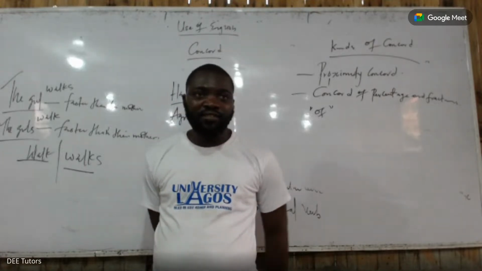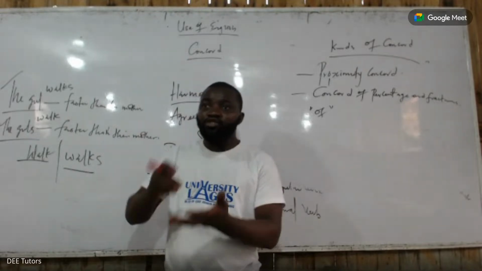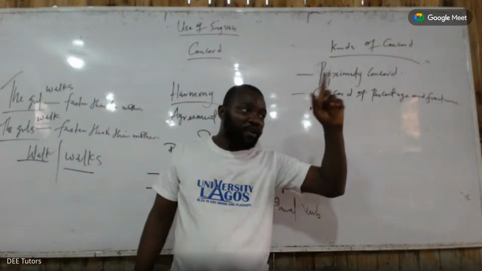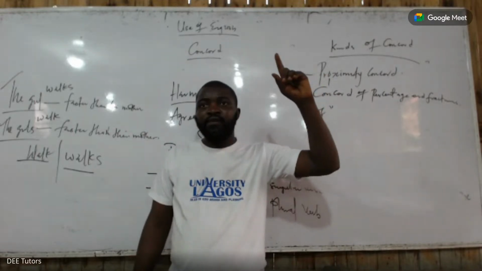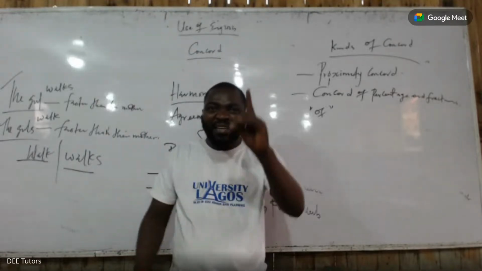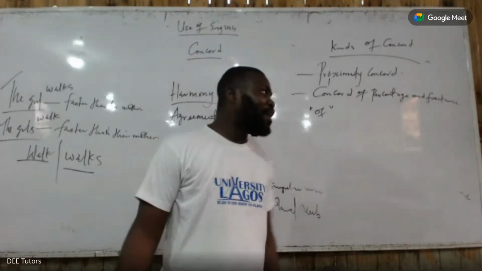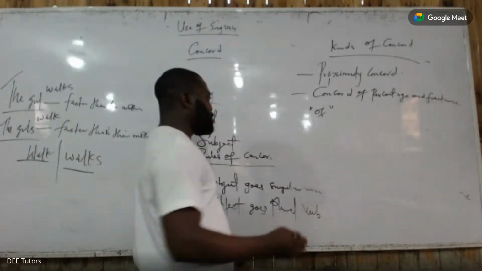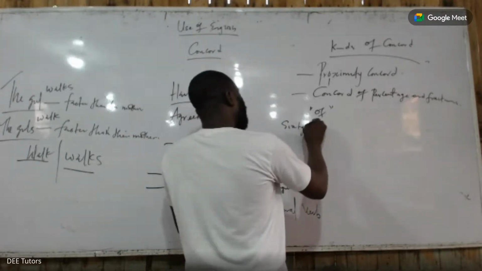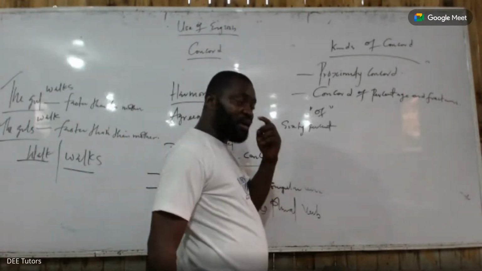I said when a percentage or fraction is used as the subject of a sentence and it is immediately followed by what? Of. The verb to be used will be determined by the noun or pronoun that comes after that what? Of. Now, an example of a percentage is 60%. Is that not written in word or in number?